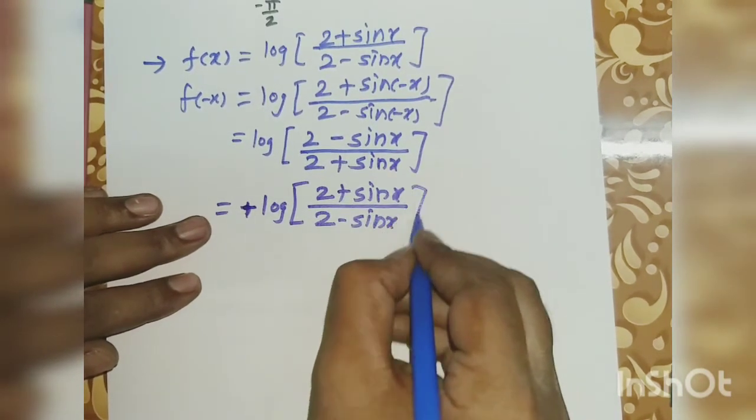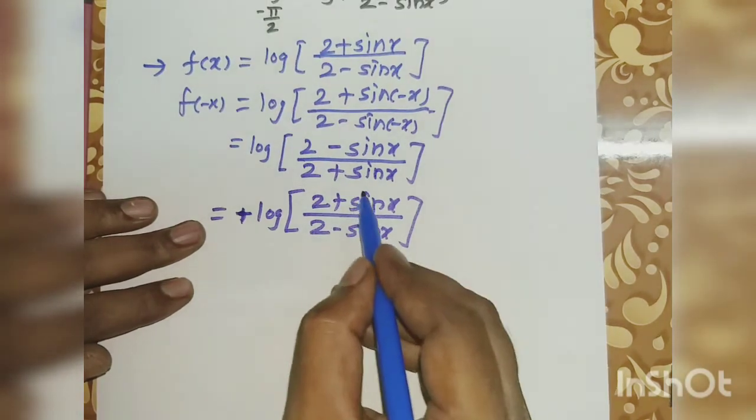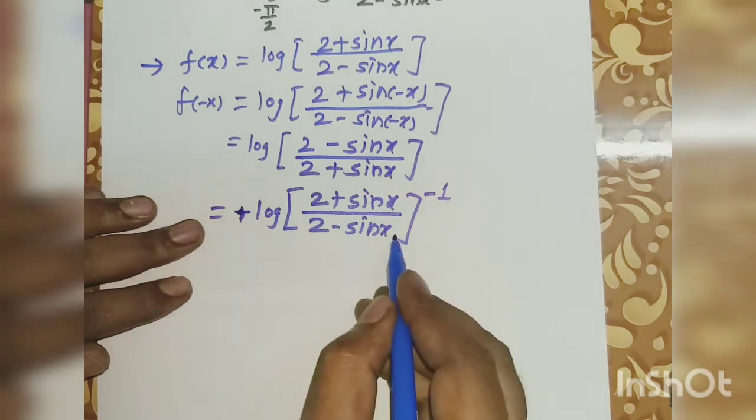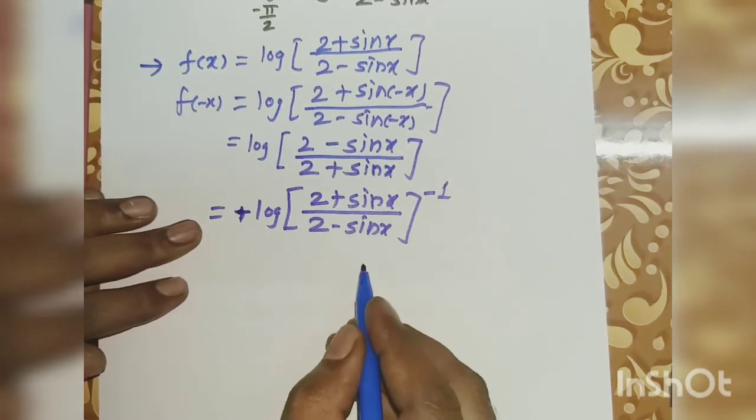That means its power is minus 1. Take its reciprocal, therefore its power is minus 1.